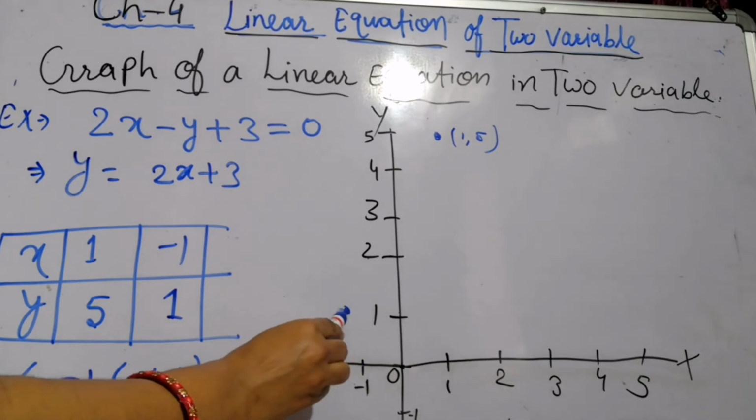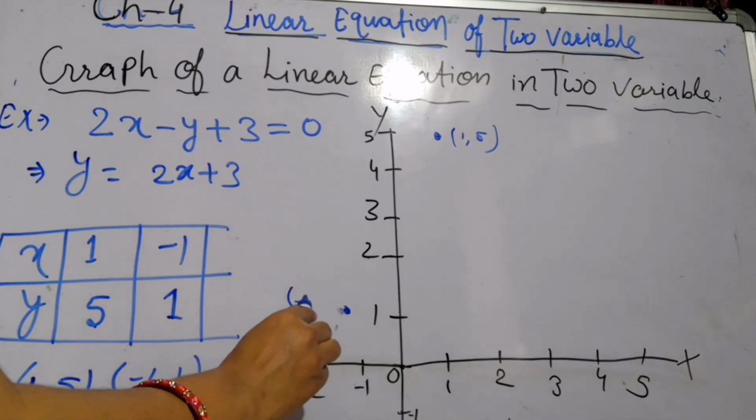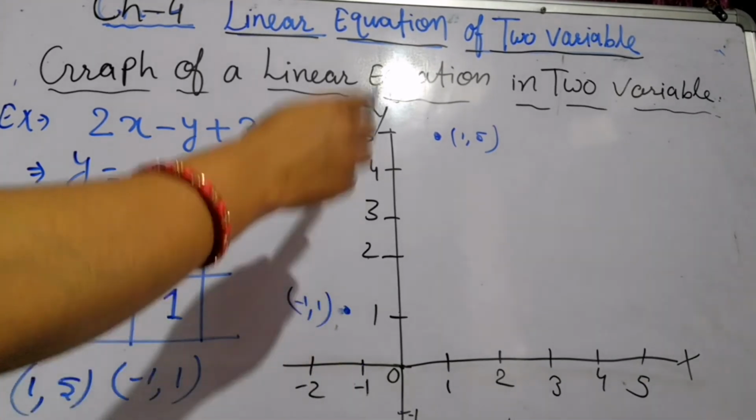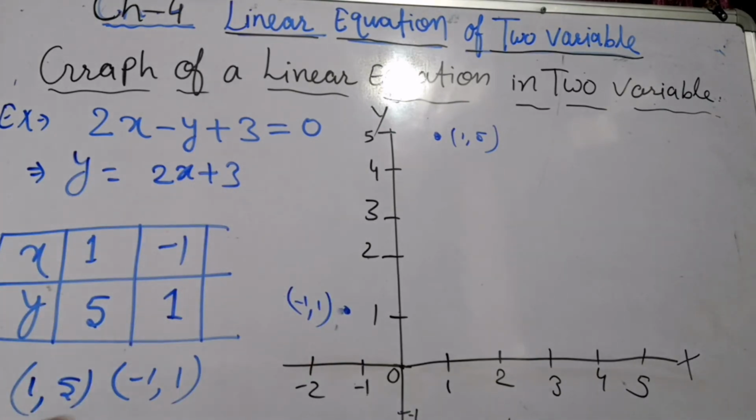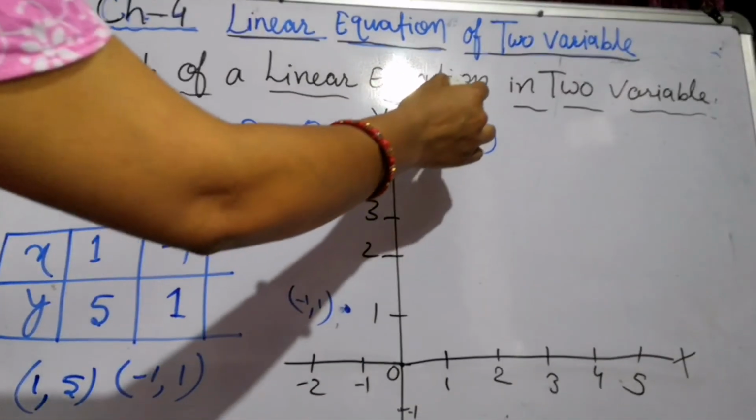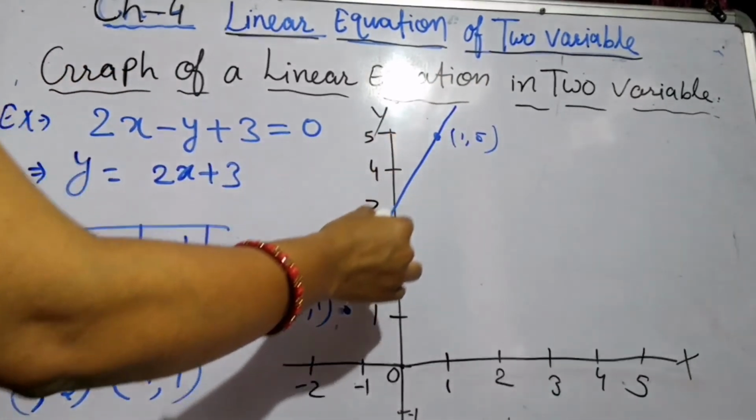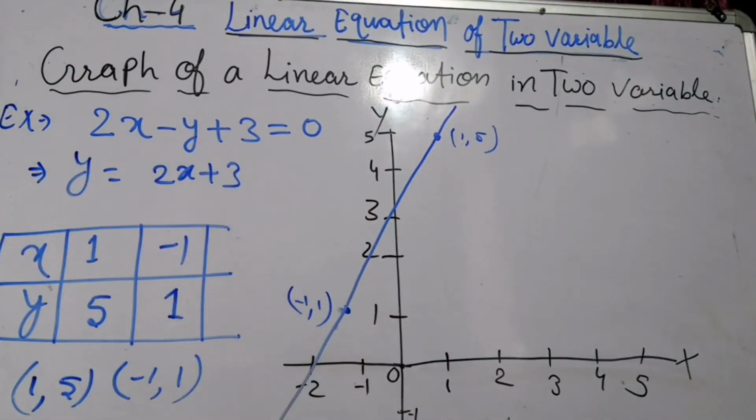Here would be the second point. Now you can join these points with a straight line. The representation of this given equation on the graph would be like this.